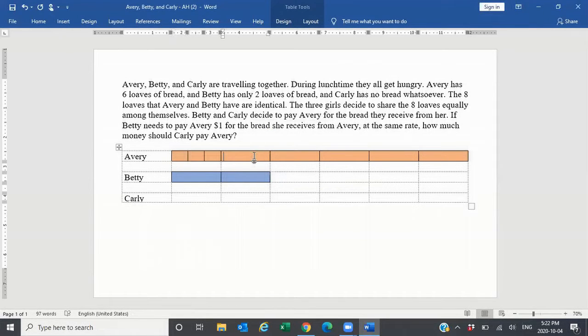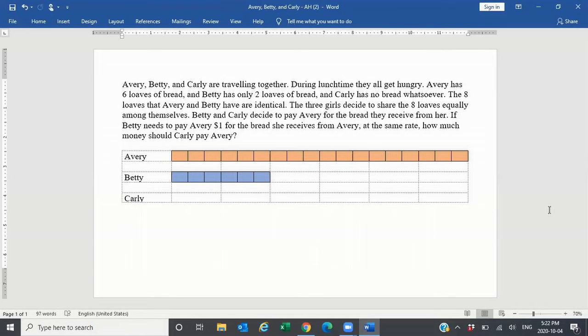There. Now I'm going to try to do this the faster way. Okay, yeah. And Betty's too. There we go, and Carly has no bread. Now there should be 24 slices in total.